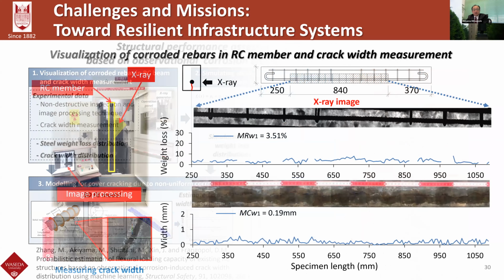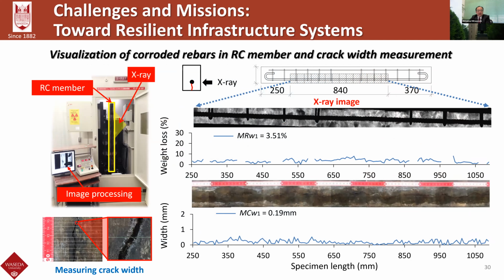So I want to introduce some experimental results conducted at Waseda University. Waseda University has a large X-ray system to visualize the rebars in the RC beams. You can see this is the X-ray image, and this one is the longitudinal rebar, and these are stirrups. And this is the corrosion cracks on the bottom surface of the RC beam taken by digital camera.